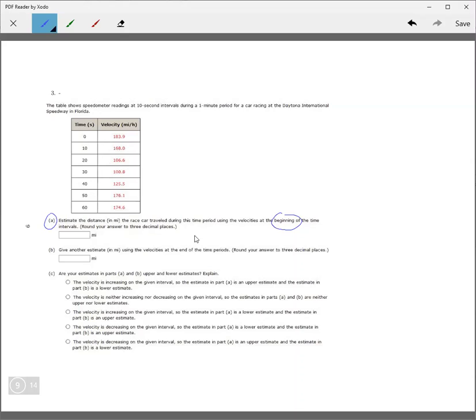So you're going to be using just these ones right here, not that one. That information is not going to be used in part A. So the beginning of the time intervals, this is like the L6.